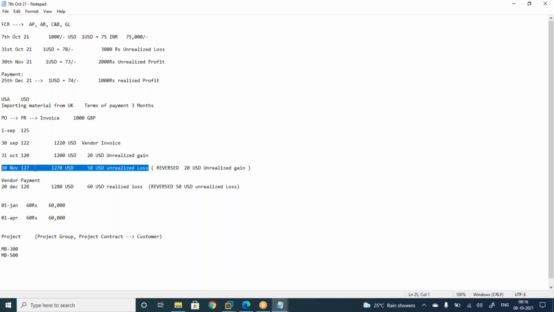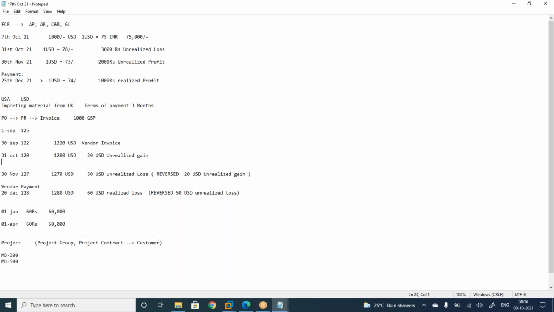On 30th November, now I don't want it up to that date. I want to update on 1st November. I want to make the original invoice date, means it should be updated with 1220 only. This is my expectation.